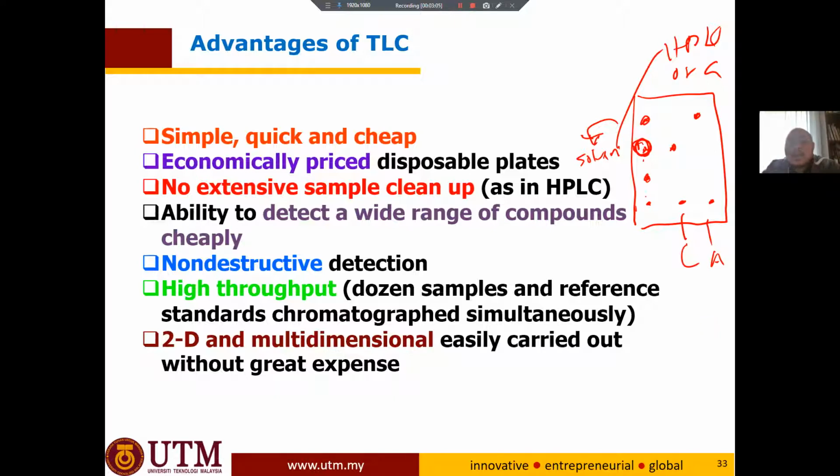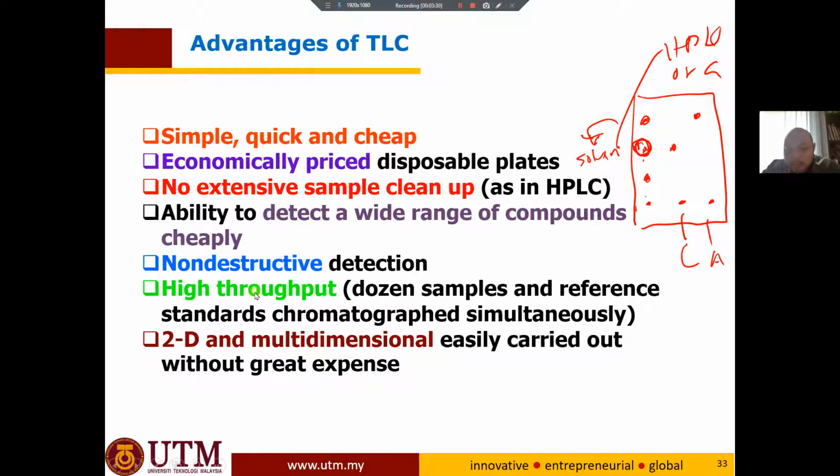That's why, in forensic principle, we always go to non-destructive techniques first. Then later on, we go to the destructive techniques. So we screen first, and then we proceed with the destructive. That is what forensic analysis is, as practiced day to day.